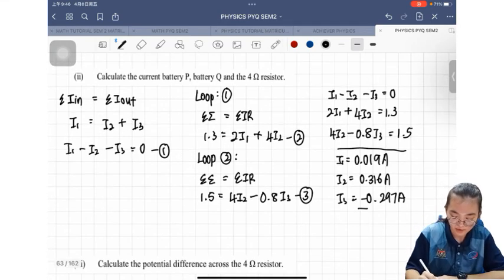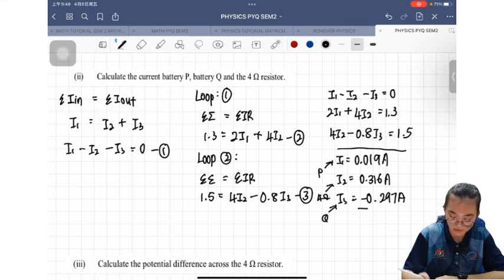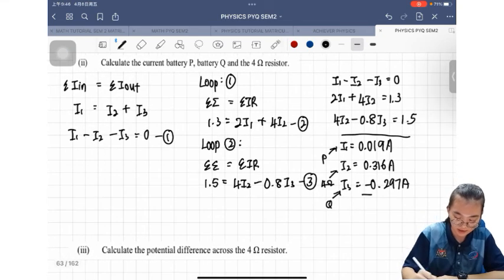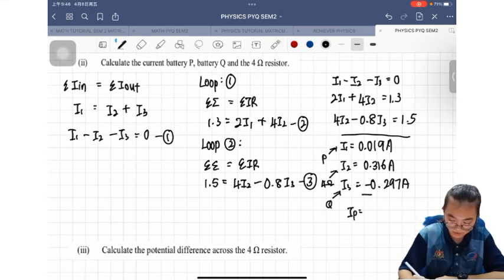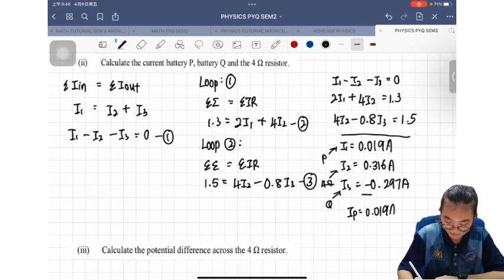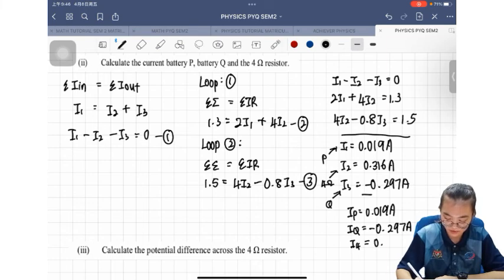We know that I1 is for P, I2 is for the 4 ohm resistor, and I3 is for Q. So we can write that IP equals 0.019 ampere, IQ equals negative 0.297 ampere, and I resistor equals 0.31 ampere.